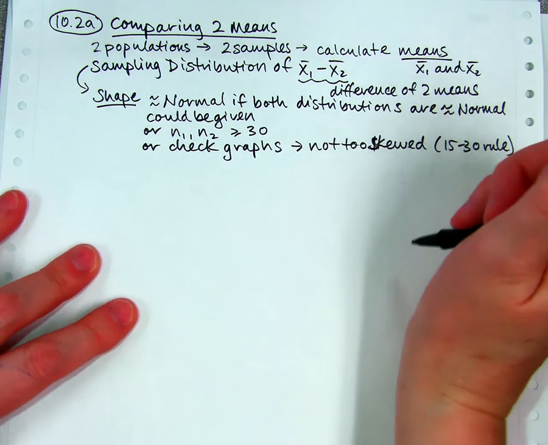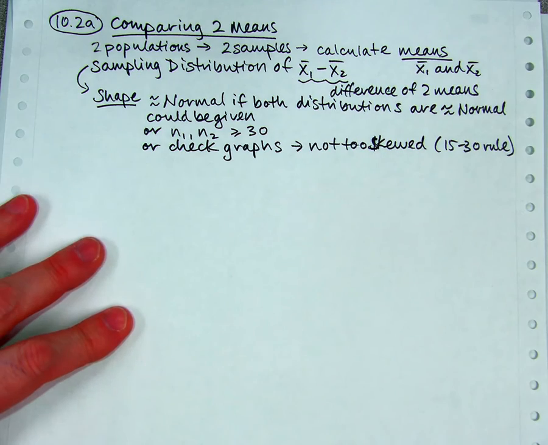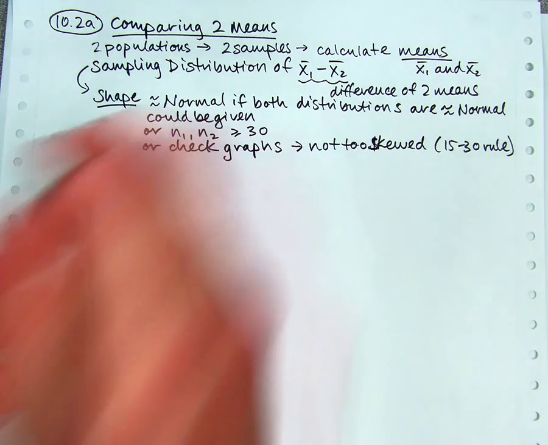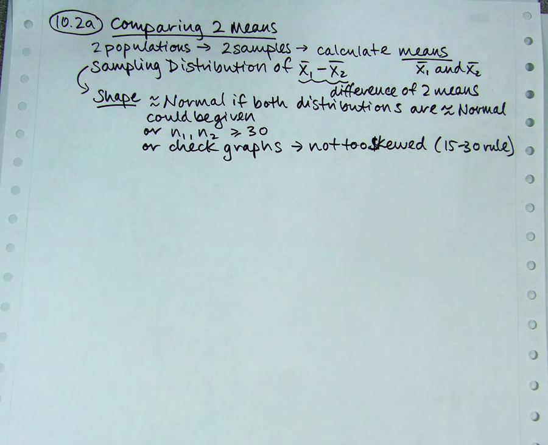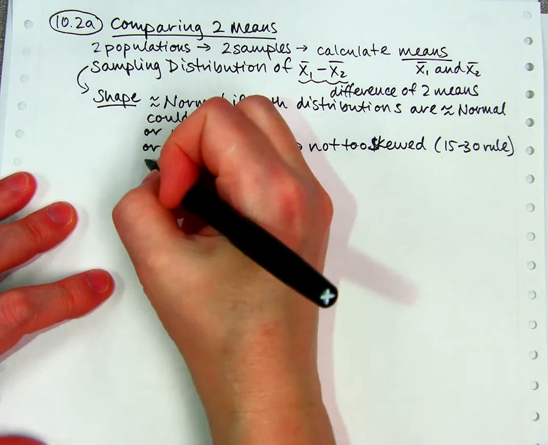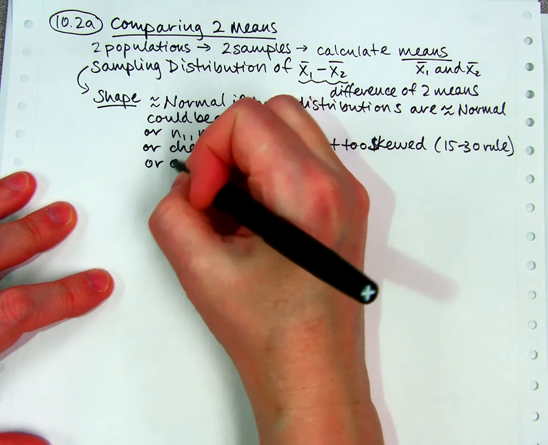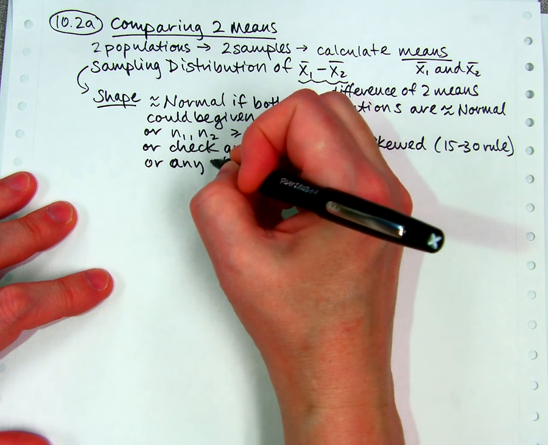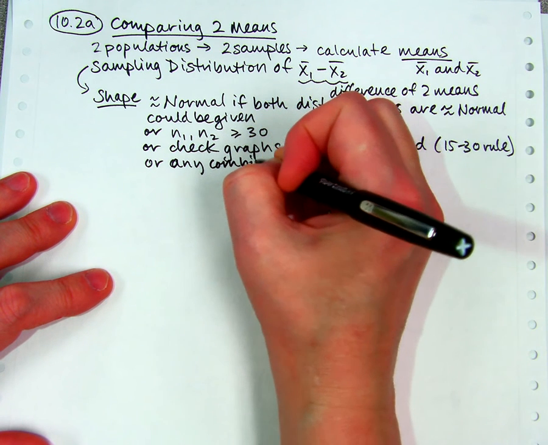And if it's less than 15, we really don't want it to be skewed. What's fun about this is we've got two different distributions, so any combination is fine. If you have one population that's given as normal and the other one you have to check the graph, that is just fine.